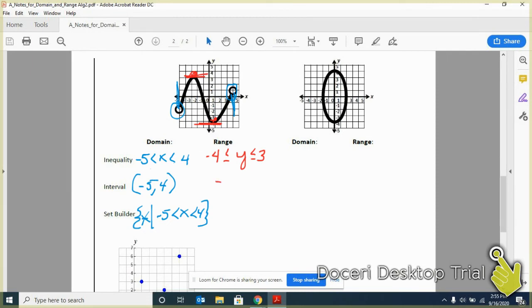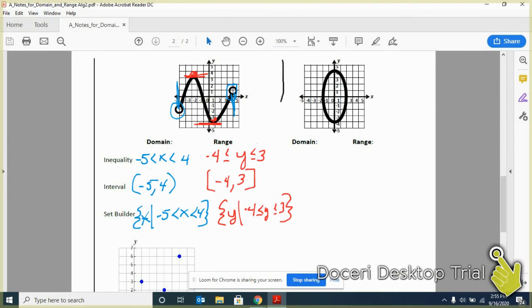My interval notation would be -4 to 3. And again, because of the symbols, bracket, which indicates that it's equal to on the graph. Set builder, values of y such that -4 to y to 3. Okay.